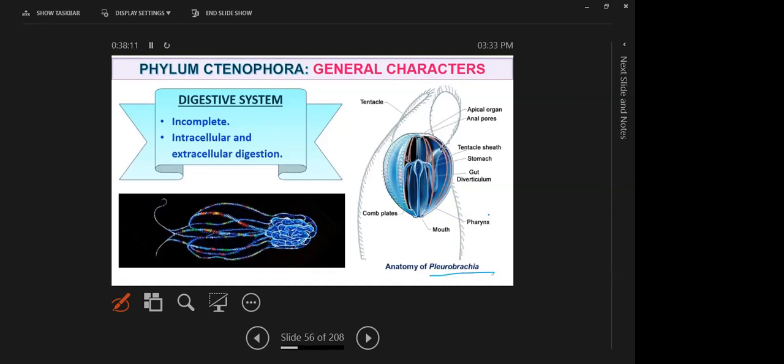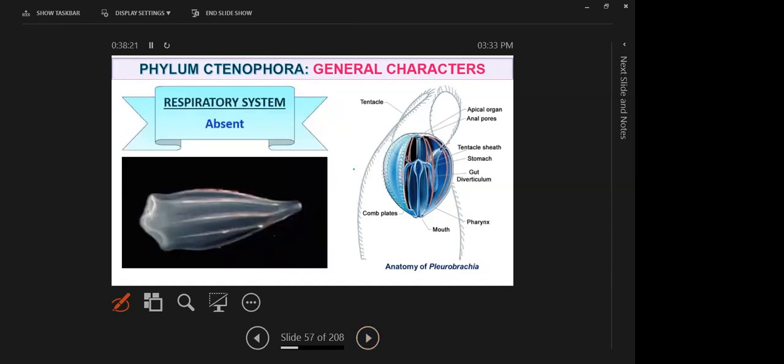Pleurobrachia is one of the examples as per your NCERT. Respiratory system is absent, and circulatory system is also not there.